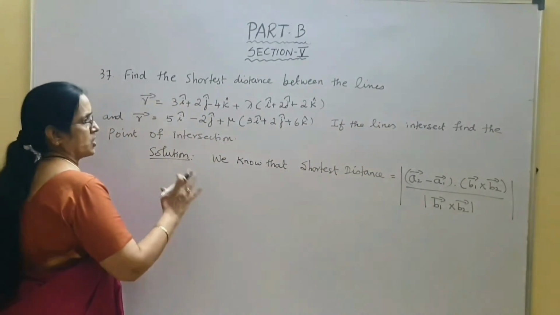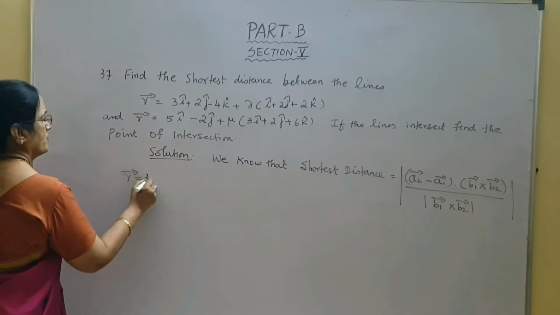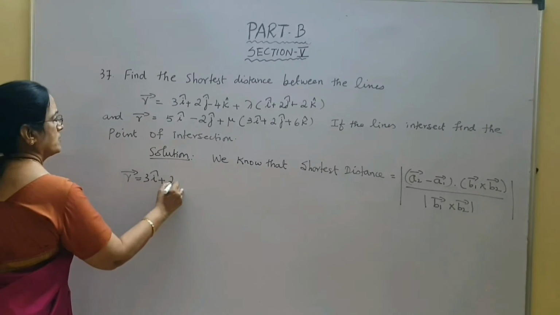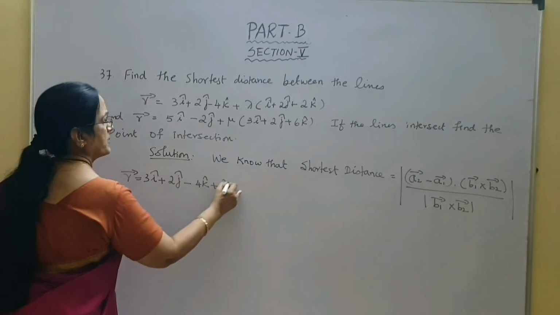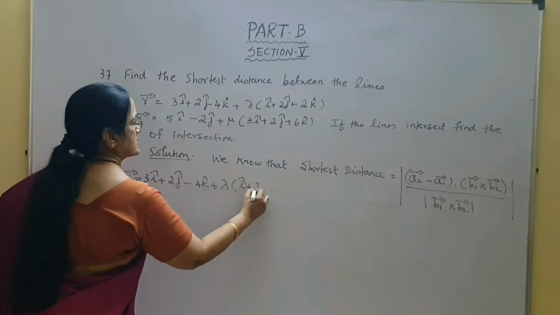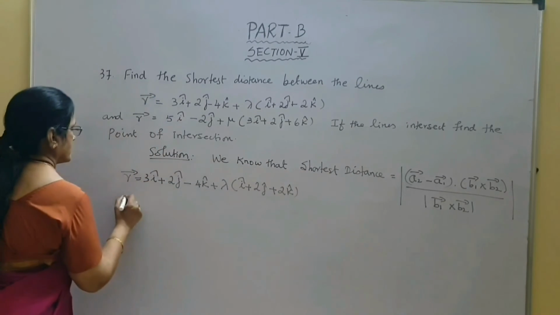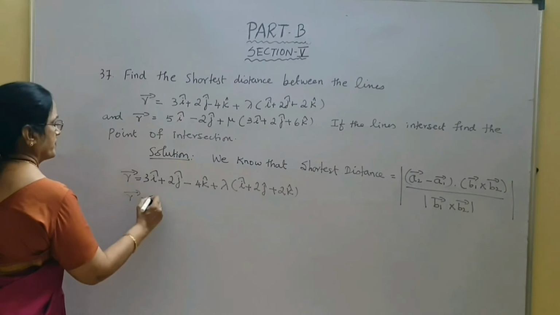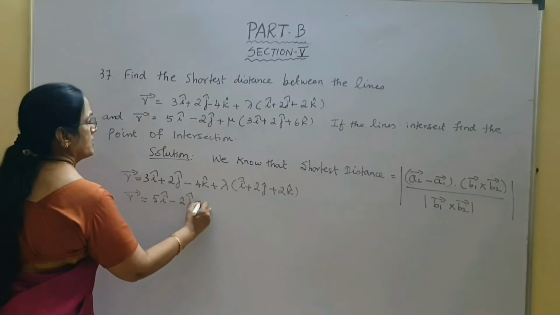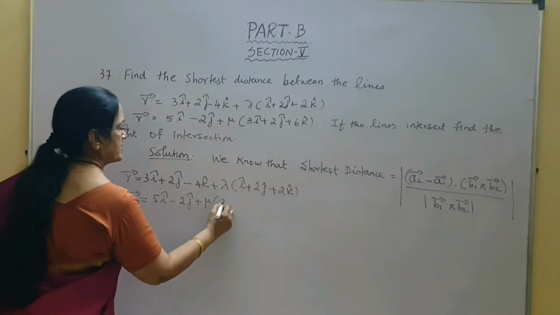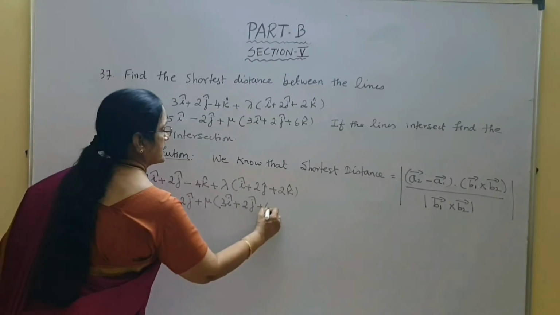Okay, let us first jot down the two lines. R vector is equal to 3i cap plus 2j cap minus 4k cap plus lambda times (i cap plus 2j cap plus 2k cap), and R vector is equal to 5i cap minus 2j cap plus mu times (3i cap plus 2j cap plus 6k cap).